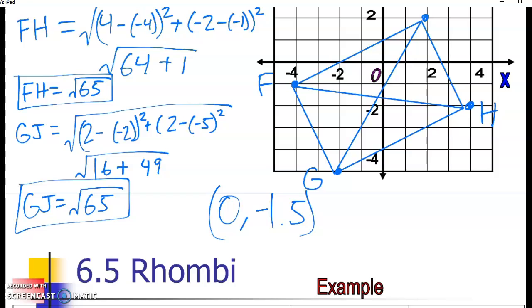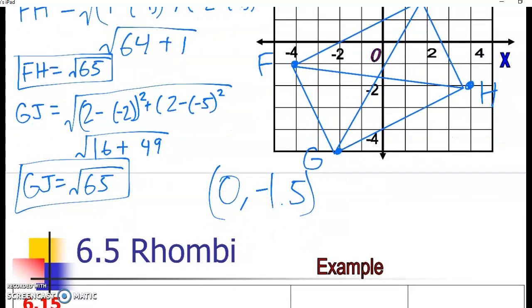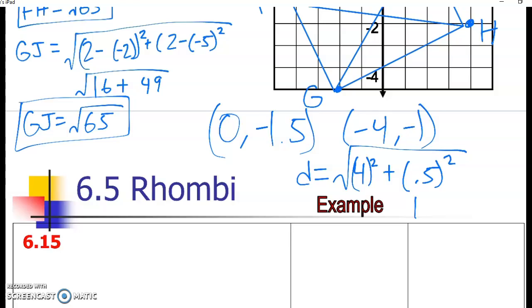Next, we have to find the distance between that midpoint and F. I know this gets to be a loaded question, but I'm going to write my two coordinates here, negative 4, negative 1. X2 minus X1 gives you 4 squared plus Y2 minus Y1, which is just 0.5 squared, which ends up giving 16.25, square root of 16.25.